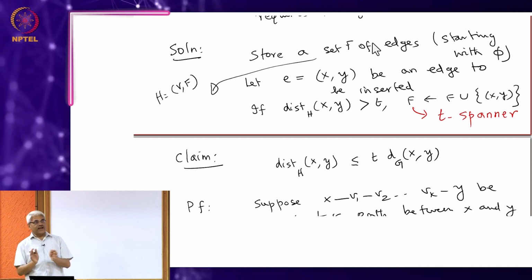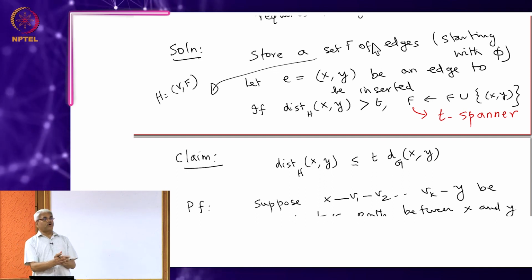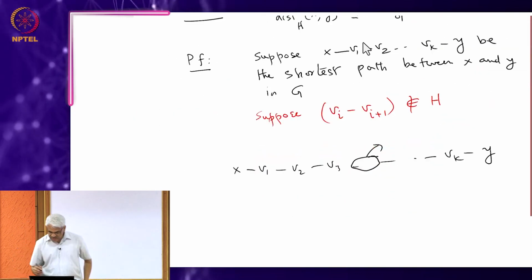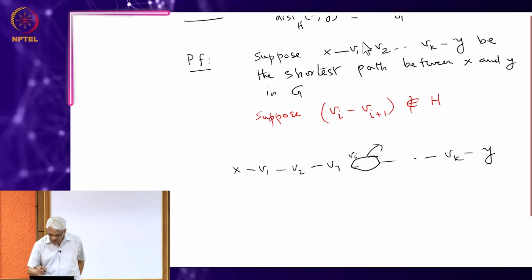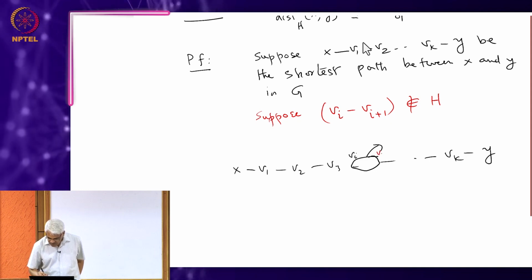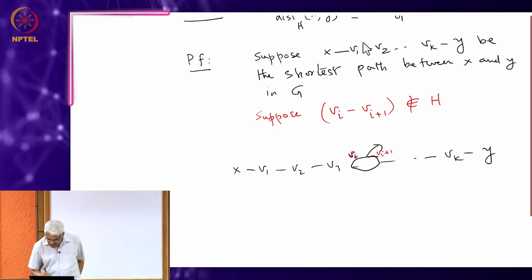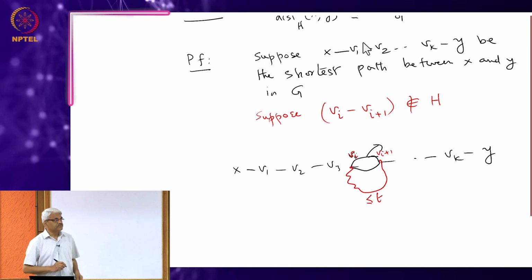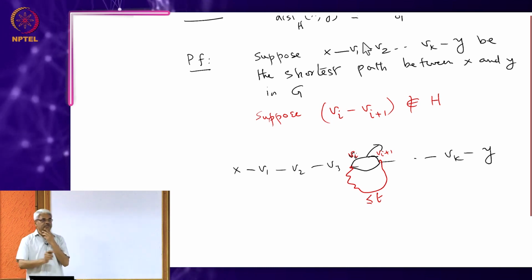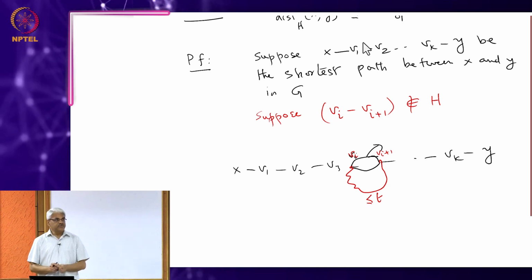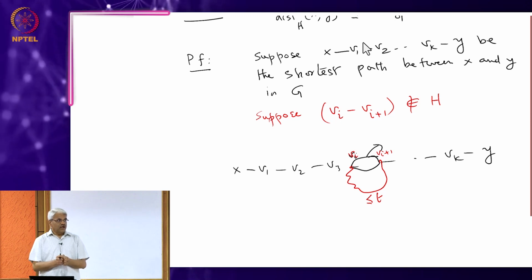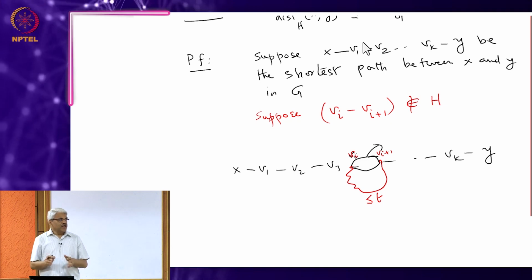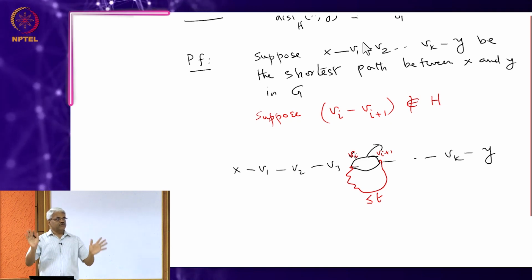Later on I added some more edges, the distance might have even become smaller for all you know, but I know that this vi plus 1 edge may be missing, but there is a path of length at most t in H between these 2 points. So for every edge which may not be in H, there is a path of length at most t sitting there in H. That is the end of the argument.